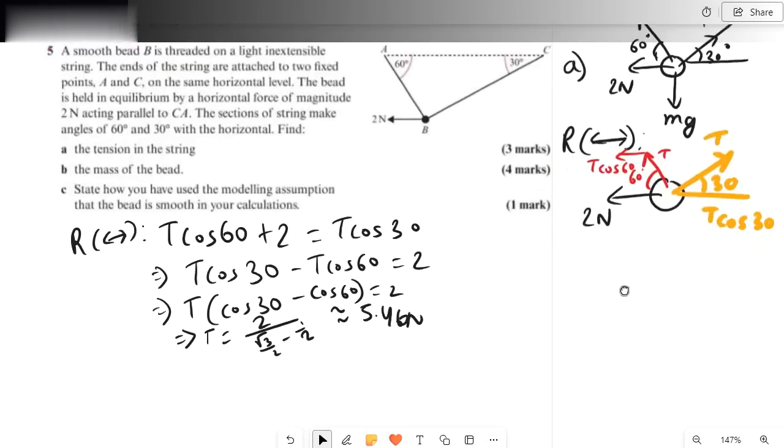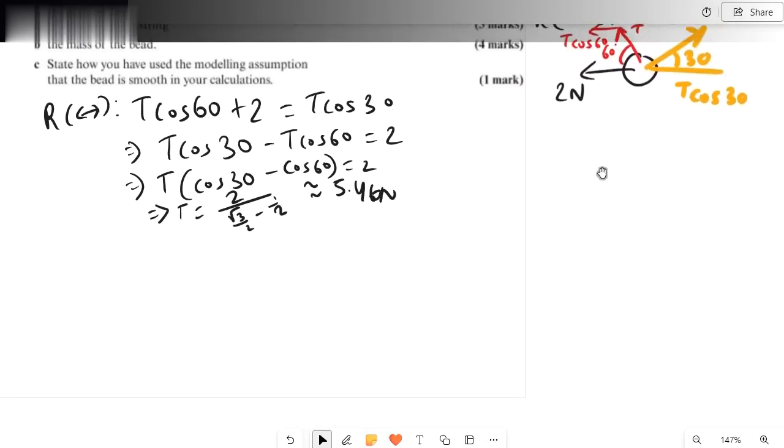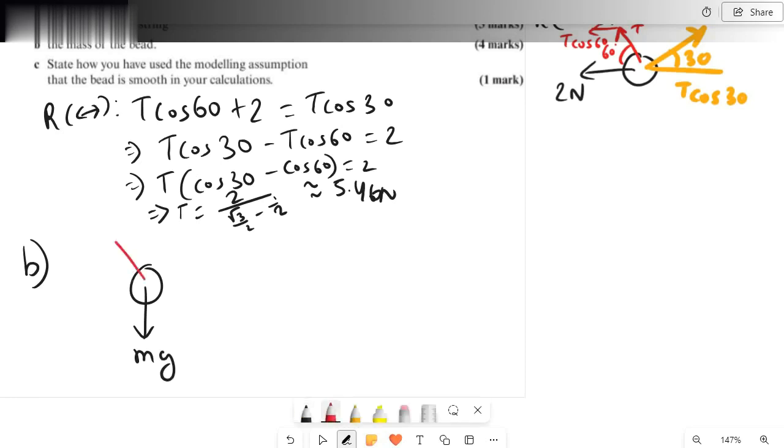For part B, we have to find the mass of the bead. So therefore, by resolving vertically, we can say that there is weight acting downwards. Similarly, there is a component of tension which acts vertically. So this component should be T sin 60 because this is 60 degrees. And towards the right, we also have tension T. And because this is 30 degrees, therefore the vertical component should be T sin 30.